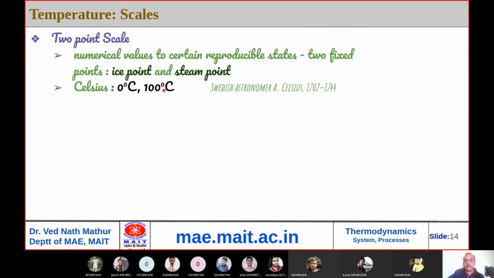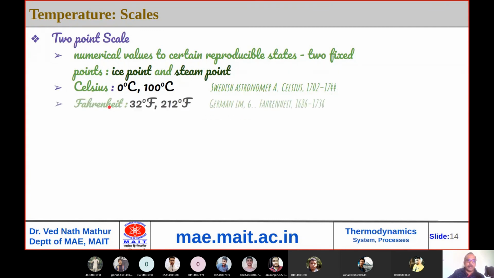This Celsius temperature scale was discovered by a Swedish astronomer, A. Celsius. Sometimes people ask in what year it was discovered. So this astronomer lived from 1702 to 1744.